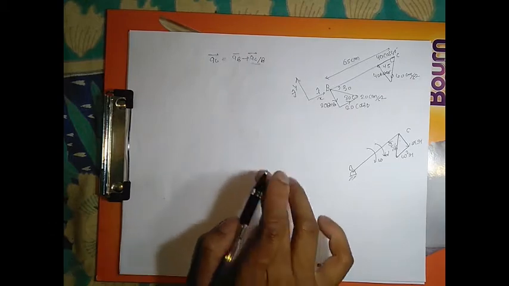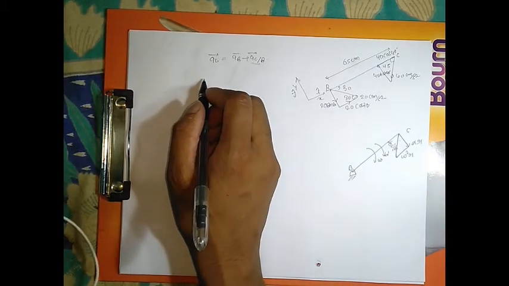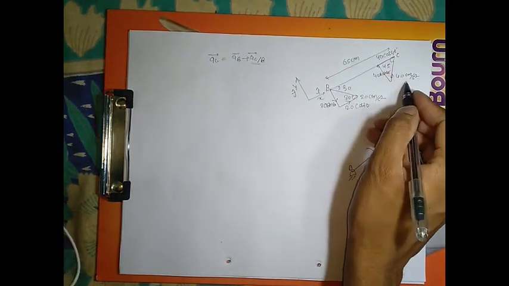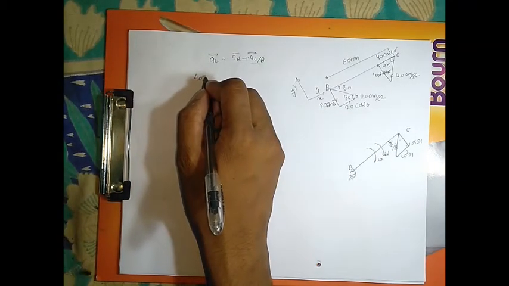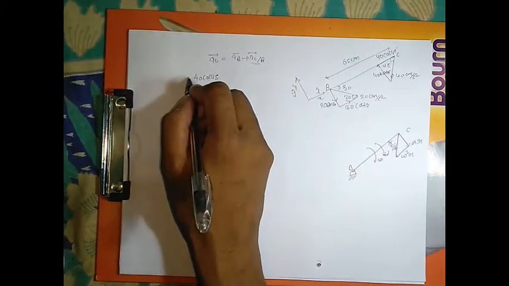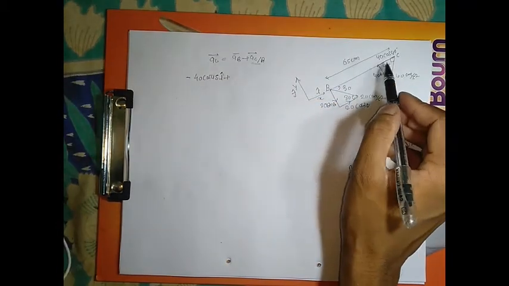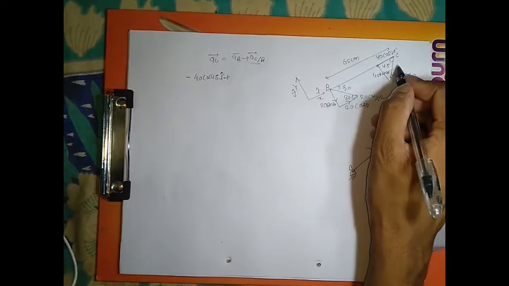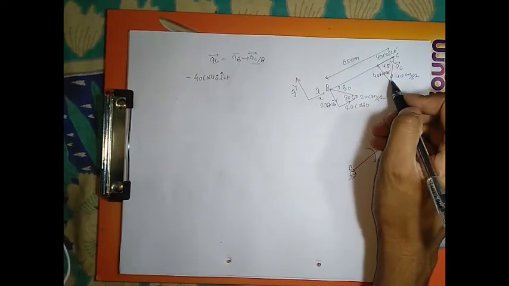So acceleration of C is equal to what? Acceleration of C is 40 cos 45 in the minus i cap direction, plus 40 sin 45 in the minus j cap direction. This is the vector acceleration of C, by the vector addition law.